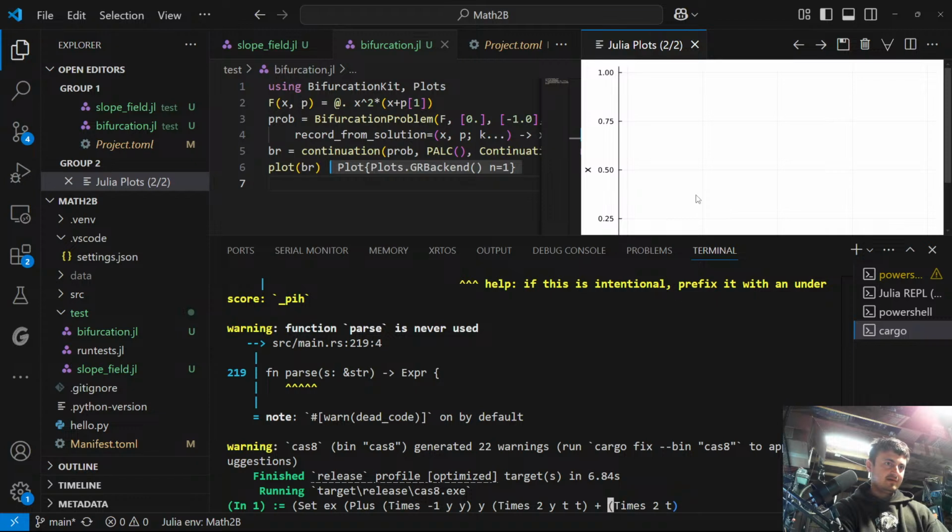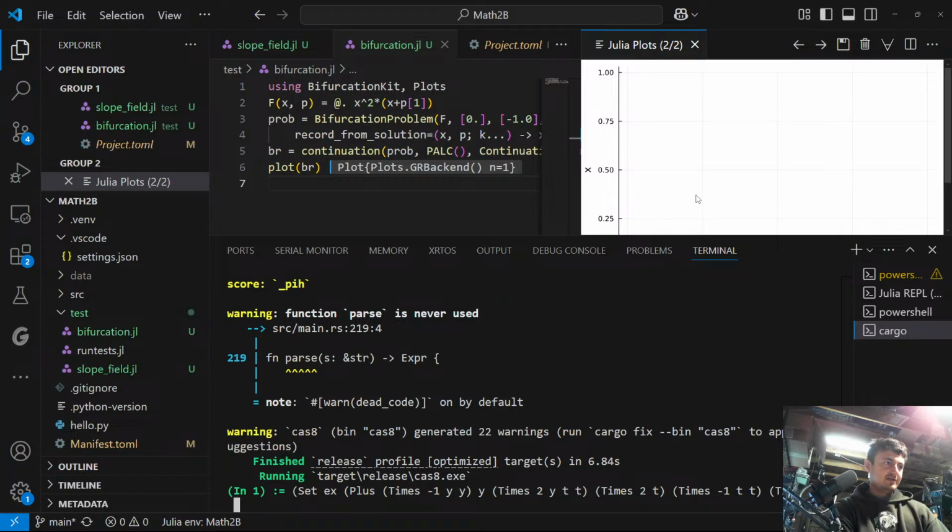So we got the 2t, now we got times minus 1 t squared, times minus 1 times t to the 4th.